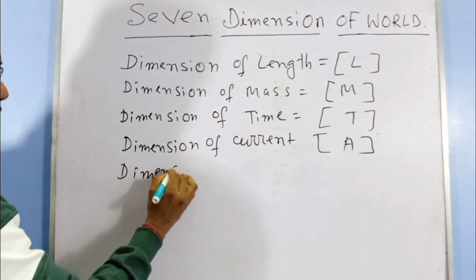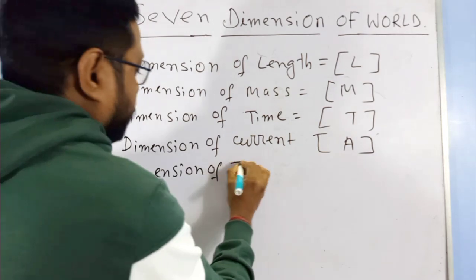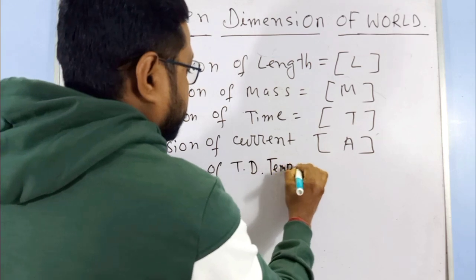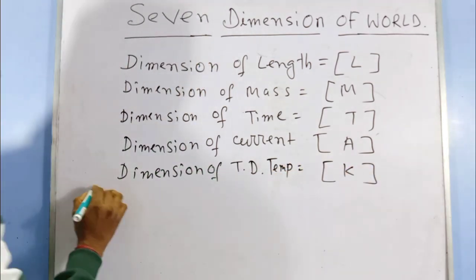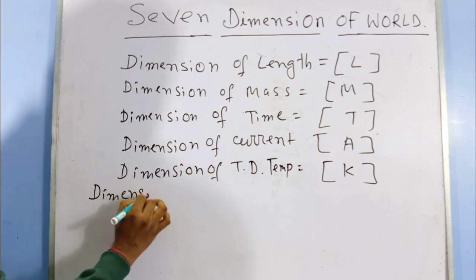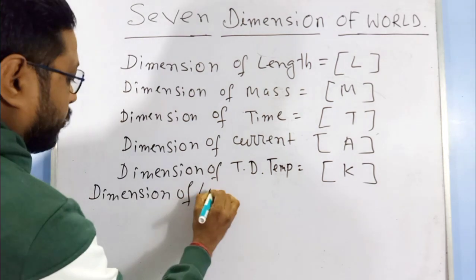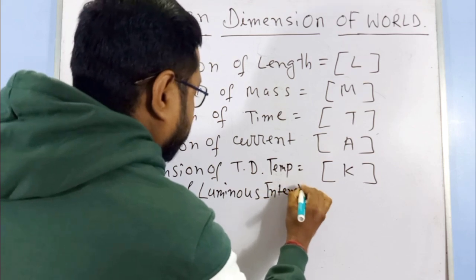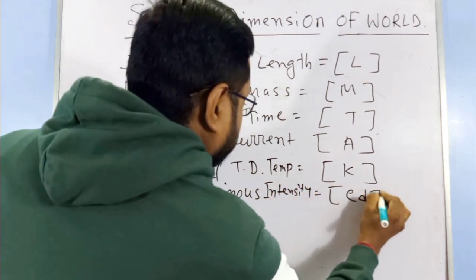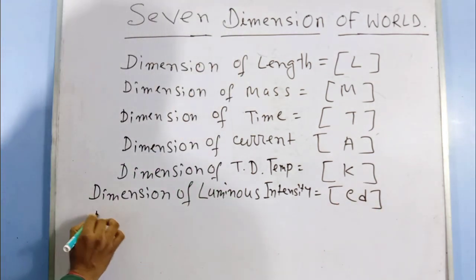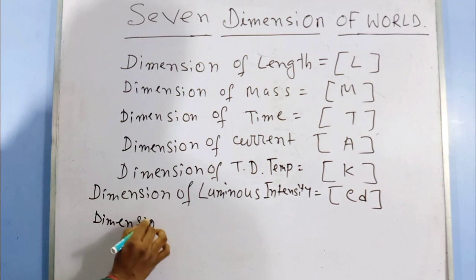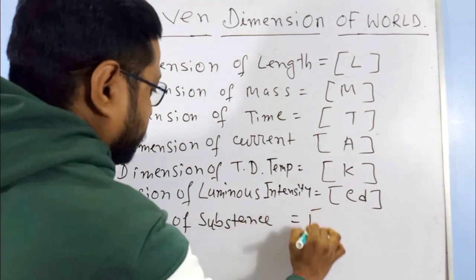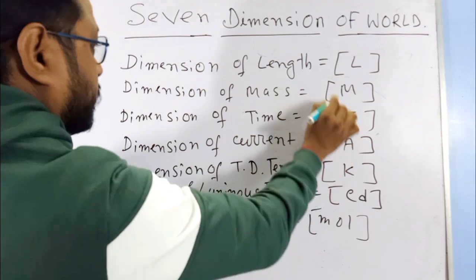the dimension of thermodynamic temperature, which we abbreviate as TD, is K, the dimension of luminous intensity, or simply intensity of light, is candela, small c small d, and the dimension of substance is mole. 5, 6, 7.